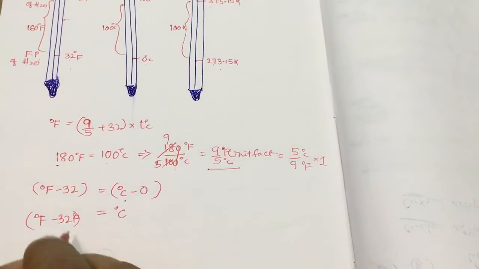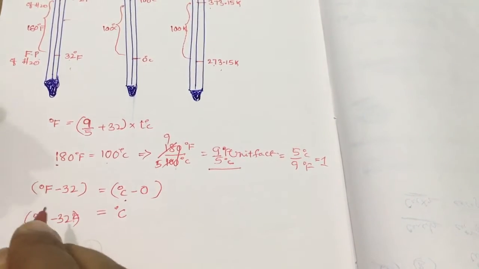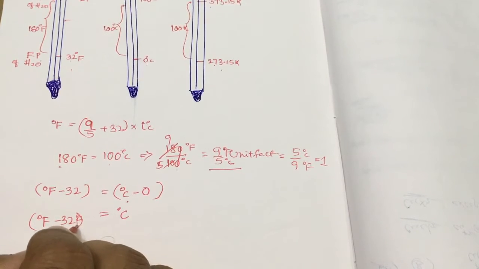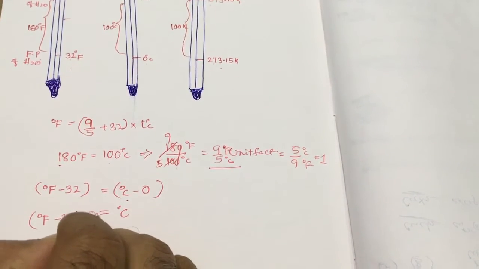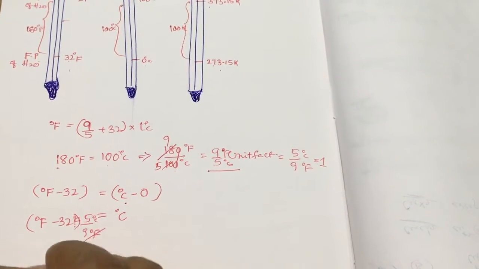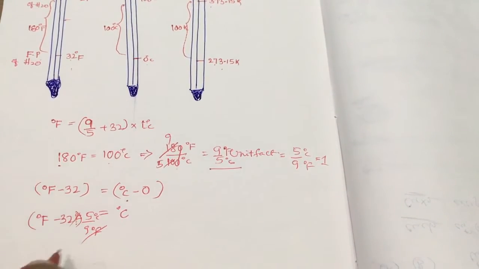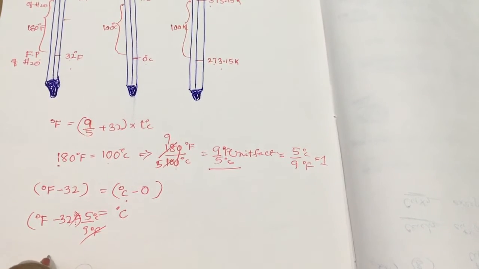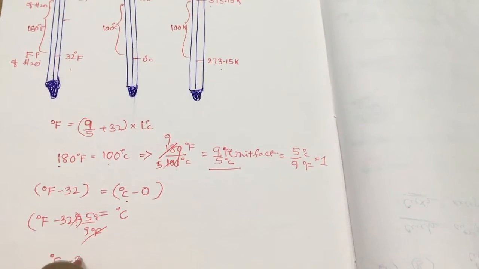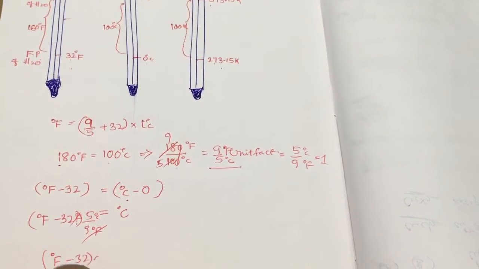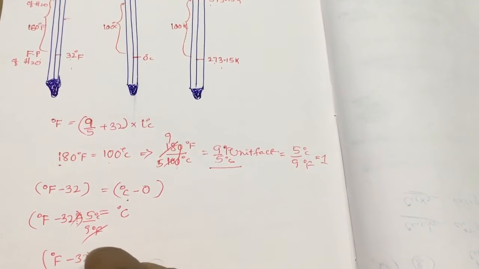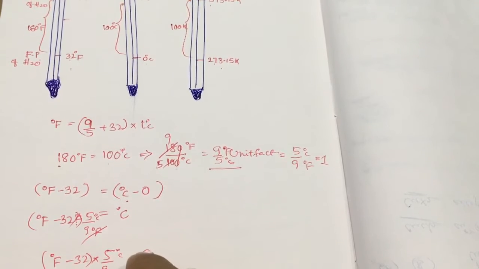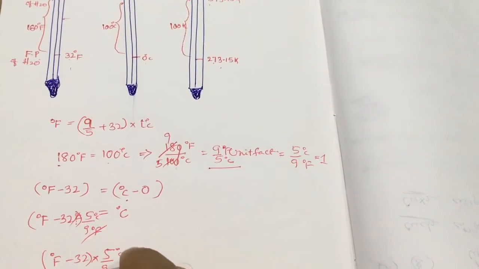That's why we can write this unit factor. This unit cancels. Then we can write degree Fahrenheit minus 32 into 5 by 9 degree Celsius is equal to degree Celsius.